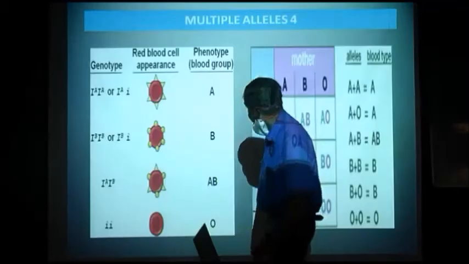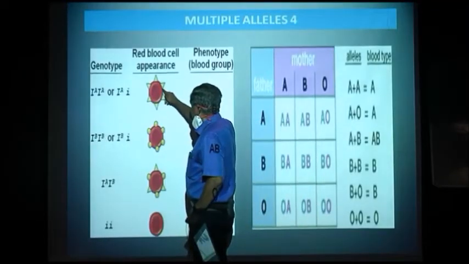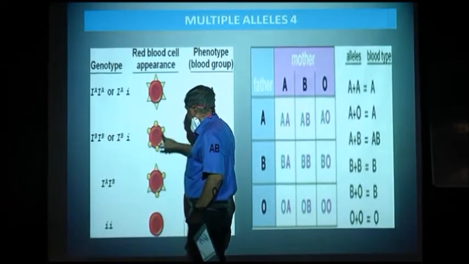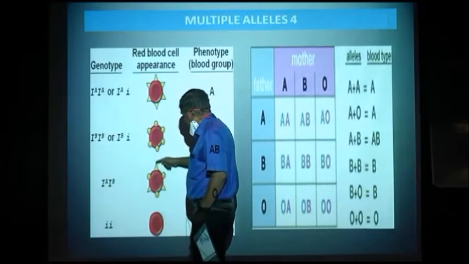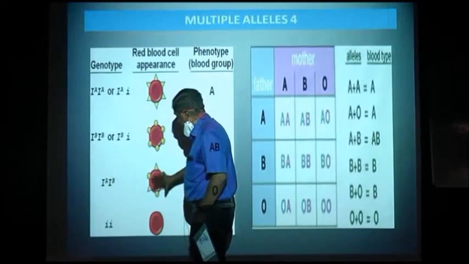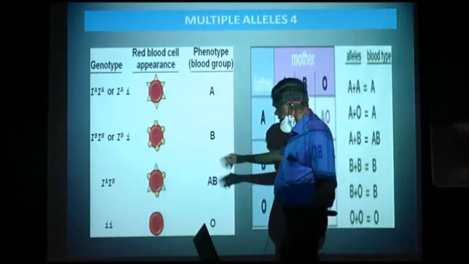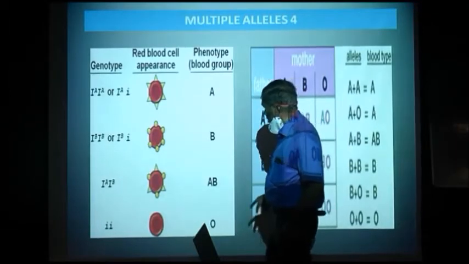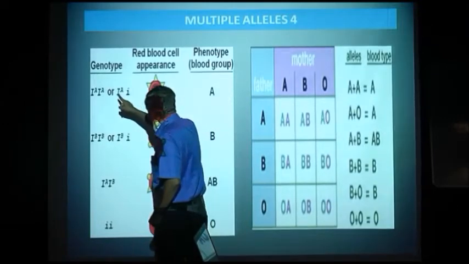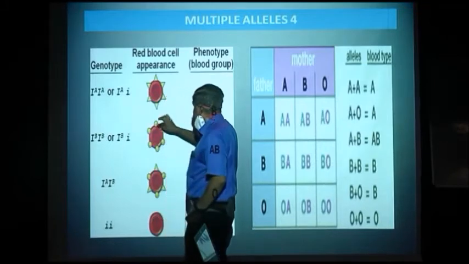Let us go back again. Here this is antigen A, galactosamine, and this is antigen B, galactose. In these three cases, because of the presence of either capital A or capital B or both, you get these attachments.